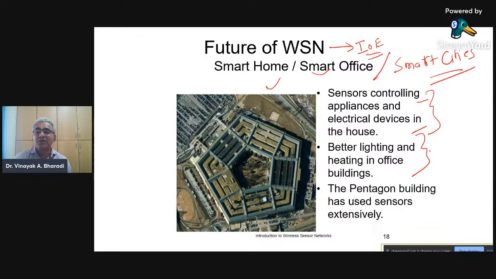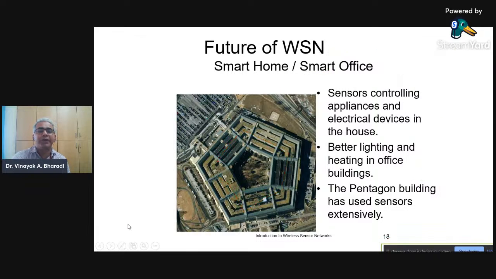Better lighting and heating in the office, smart office project, then smart agriculture, precision agriculture. Here you can see the Pentagon building, the US building. It is like a digital fortress, a very secure building, and they have this building smartly controlled by all these aspects of wireless sensor network or IoE deployments.